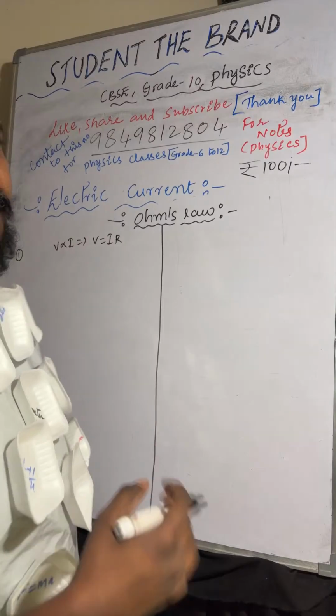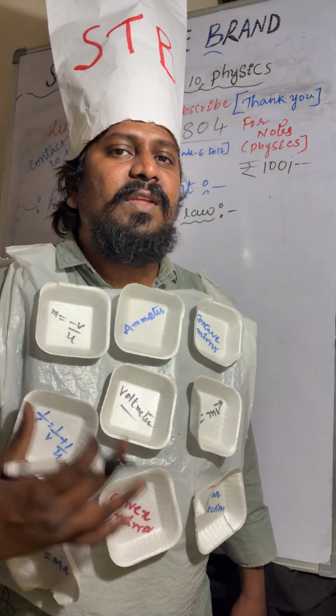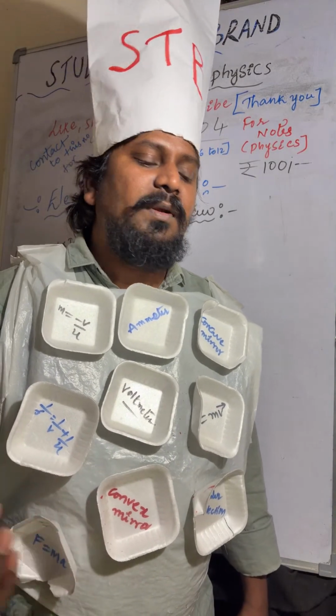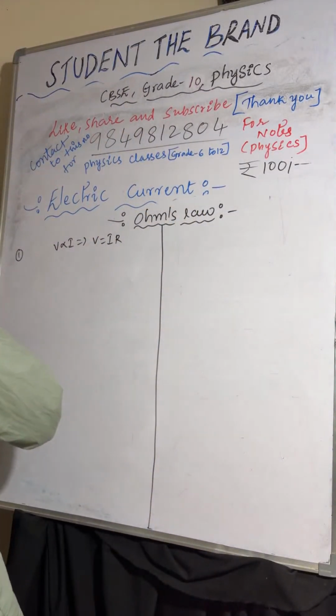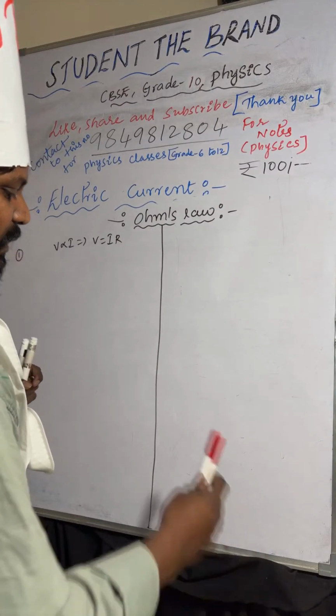The potential difference across the ends of the given metallic conductor is directly proportional to current flowing through it. Next one, materials required. What are the materials required?